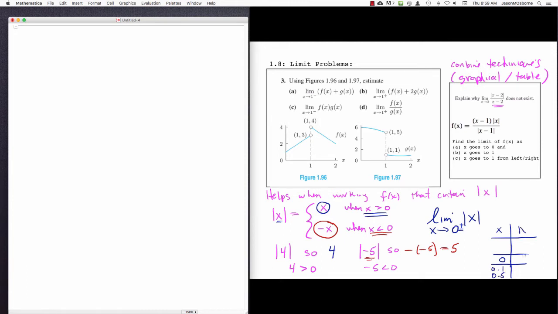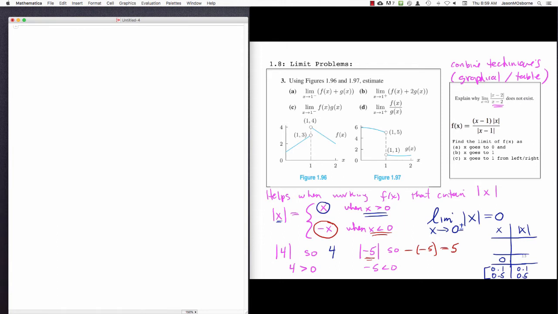And when you compute the absolute value, since these numbers were positive, the absolute value is just 0.5, 0.1. And we're getting closer and closer to 0 from the right. So you had a table of values there.